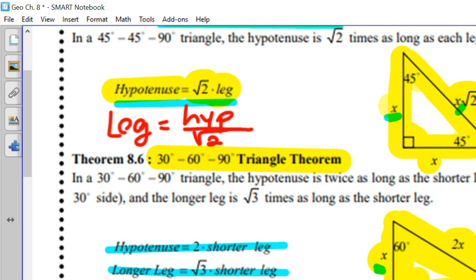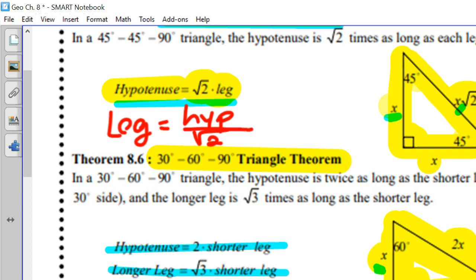The way I remember this, my friends, so if you are stranded in the middle of the desert and you don't have access to the internet and there's no notes and the battery died on your phone, and you need to, for some reason, do special right triangles, this is how I remember. 45 times 2 is 90.